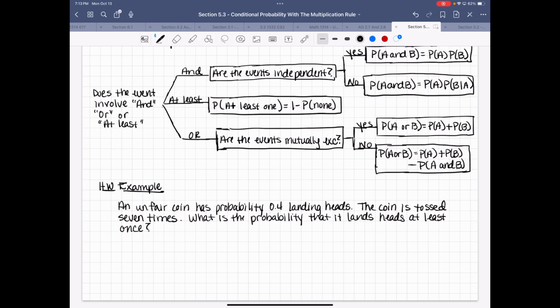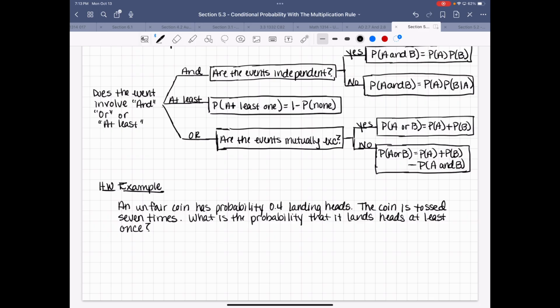Okay, so this is an at least once problem. So that means it's the middle of the chart. And the probability of at least once is 1 minus the probability of none, right? Well, what's the probability of none? That means that it's going to land tails, right? Well, if it's 0.4 to land heads, what's the probability of tails? 0.6.